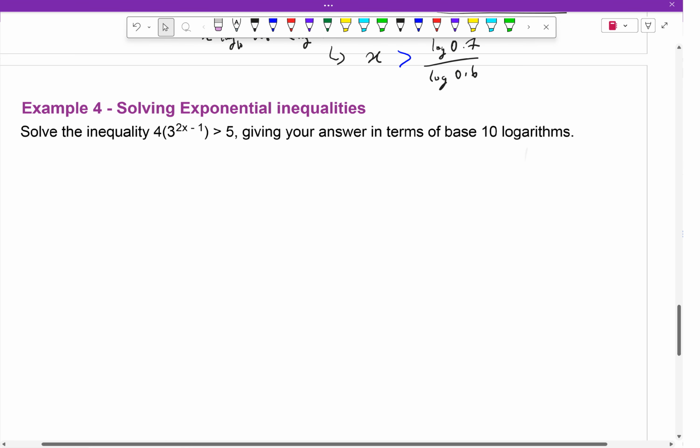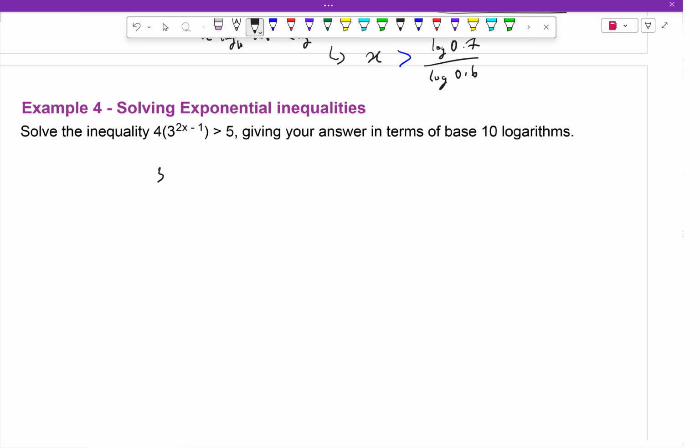Let's try again. So we've got, for this one I will actually do one more step, which is divide by 4. So everything. That's one less thing to care about. Log both sides, we will get 2x minus 1, and then we've got log 3 bigger than 5/4 of the log.